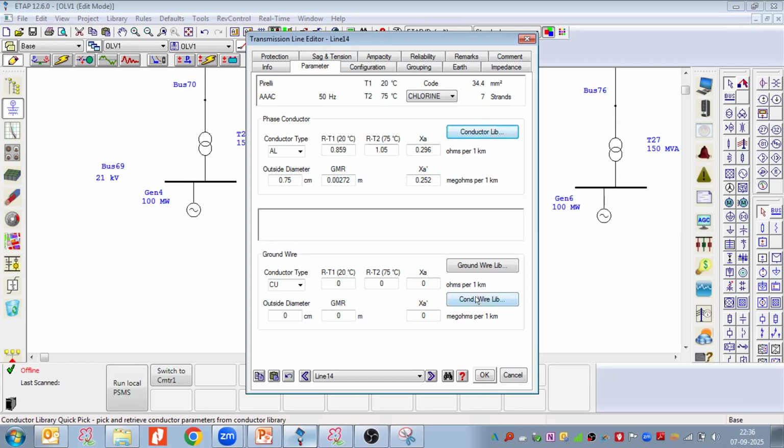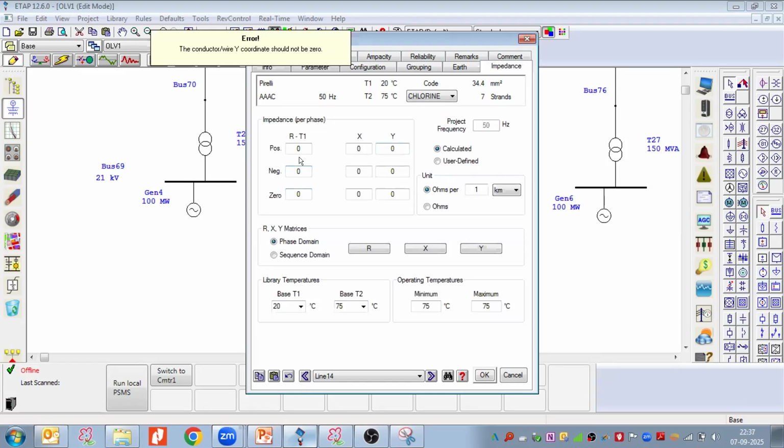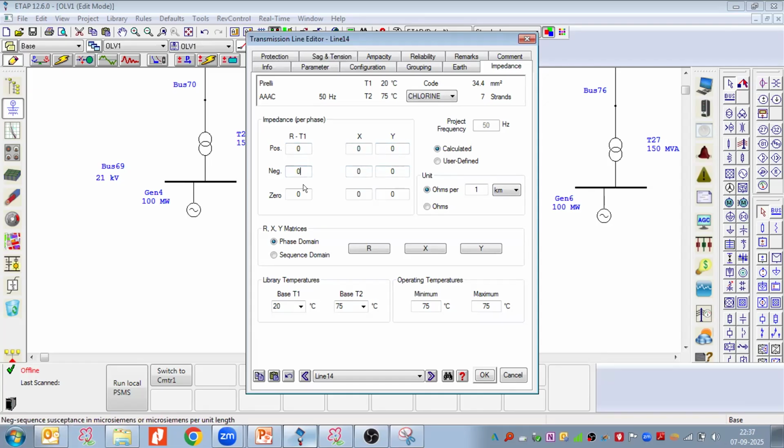So either we can go with these parameters, otherwise, if we have our own project specific parameters, in that case no need to select any library conductor. Directly go to your impedance, and here you can define your conductor parameters like resistance R, reactance X, and susceptance Y. Here we can directly define positive, negative, and zero sequence values.